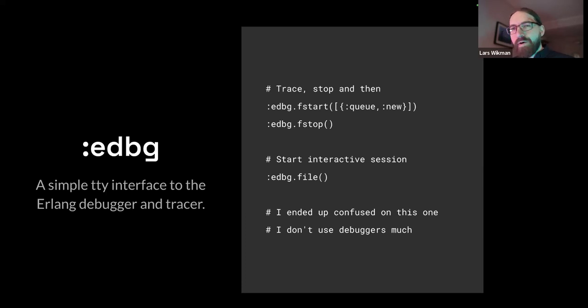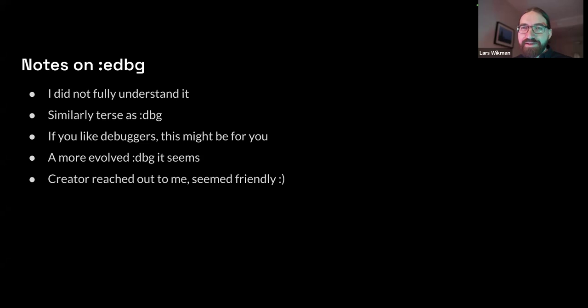This is not how I think about tracing typically, but my attention was called to this because when I announced I would be talking about tracing earlier, the creator of eDBG reached out and mentioned the project.